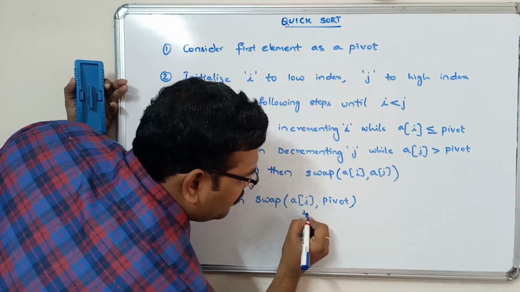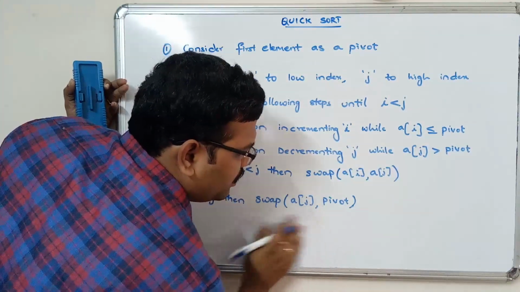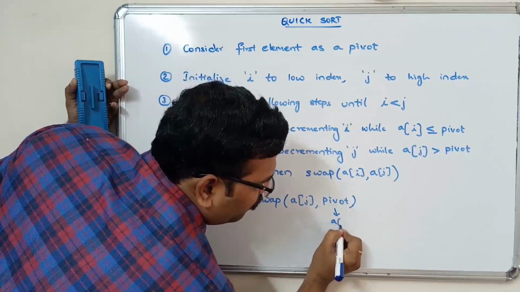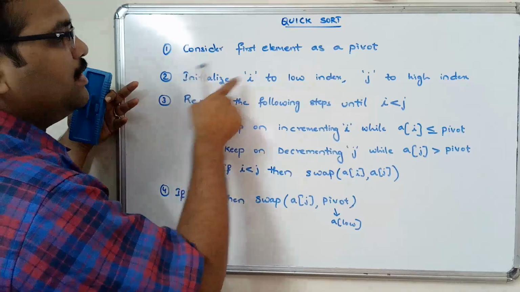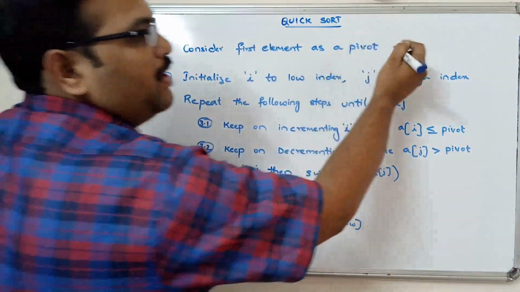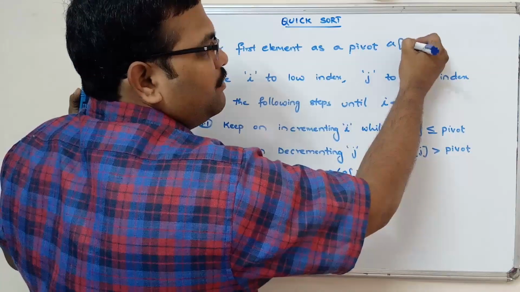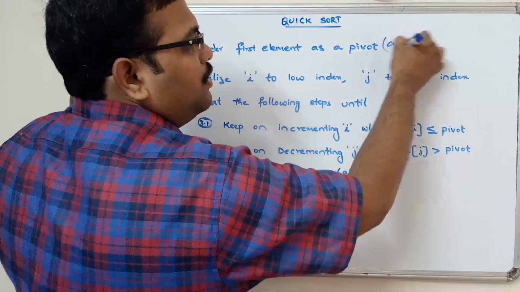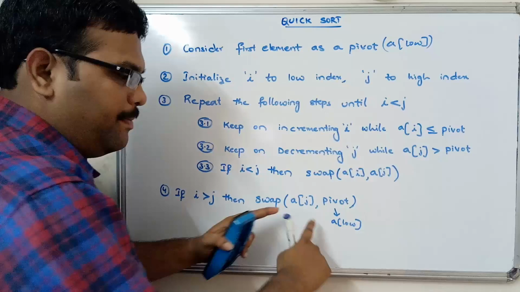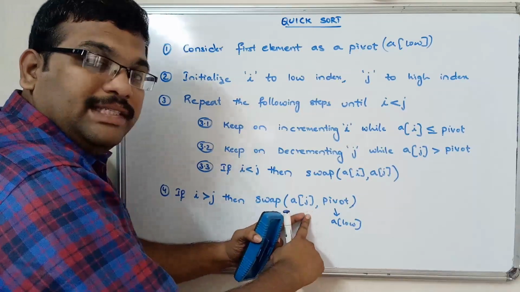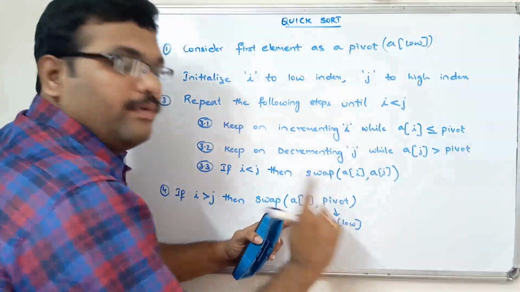This is nothing but a of low, because here the pivot is the first element, right? Pivot is the first element. So we have to swap the jth element and the pivot value.